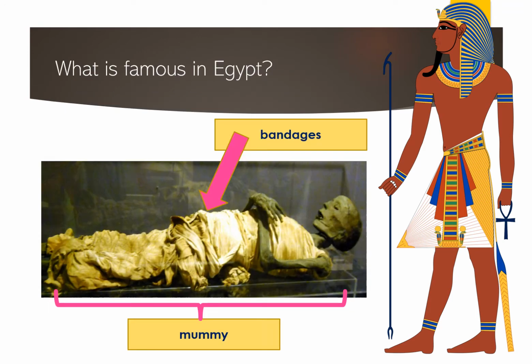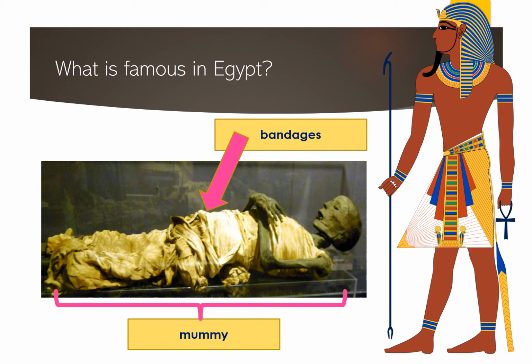Like I mentioned earlier, there are many famous things that you will learn from Egypt. The first thing, as you can look at this picture here, is a mummy. A mummy is the dead body of a king, of a famous pharaoh, as we call them in Egypt. When the king or queen dies, they wrap the body with bandages.